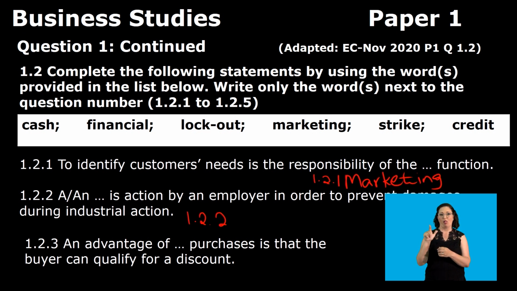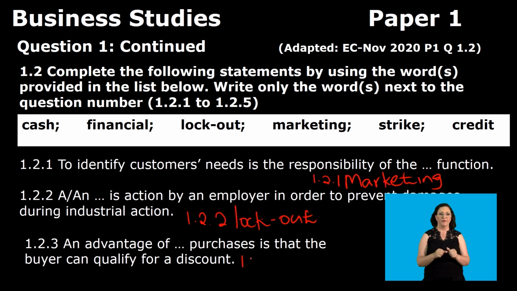So what is the correct answer? Yes, you're correct. The correct answer is lockout. This is what you write. Lockout. You don't have to repeat the whole question or the whole sentence. You just write the correct answer next to the question number.